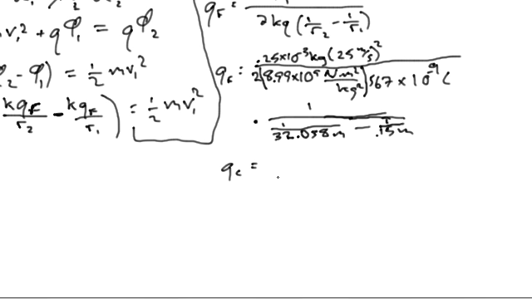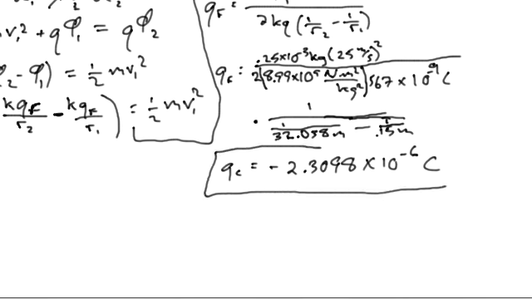I'm getting minus 2.3098 times 10 to the minus 6 coulombs. So that actually represents the charge of the negatively charged particle. I'm going to check that real quick, and I'm getting the same thing again.